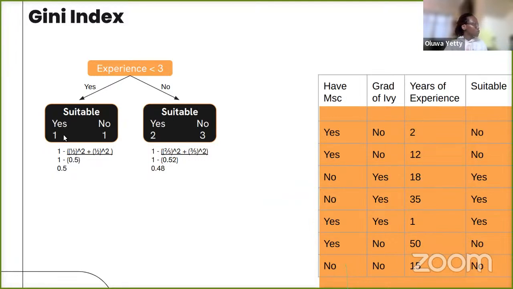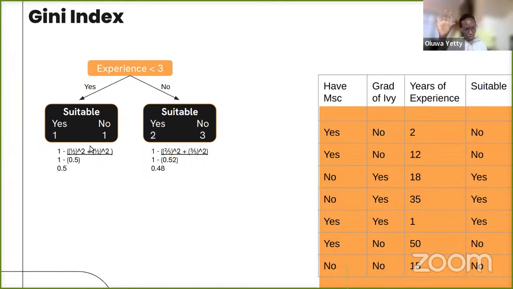So we check for yes. We have one yes here. How many do we have in total under this branch that we have come from? We have two. It's like saying this one plus this one, the sum of it. But now we are doing the probability. So that's 1 over 2 raised to power 2.